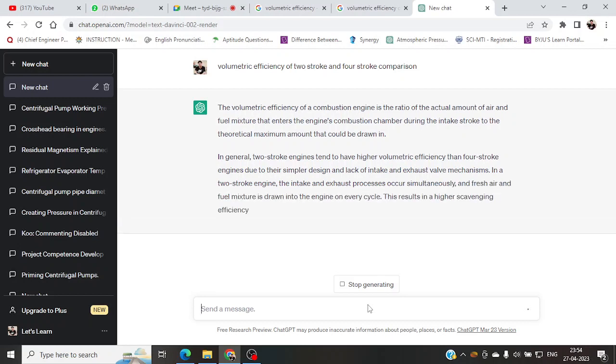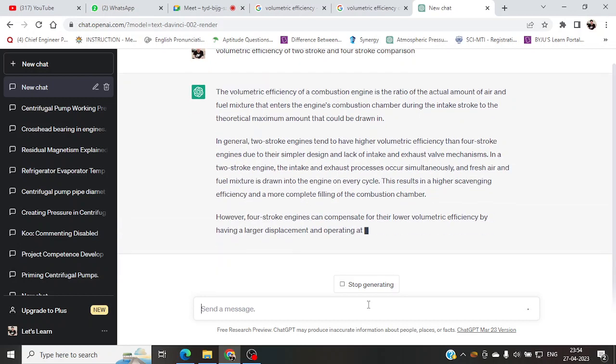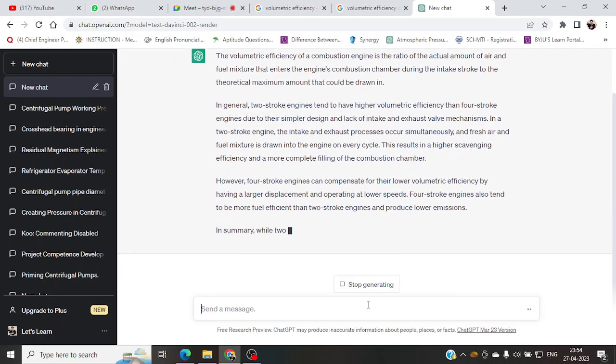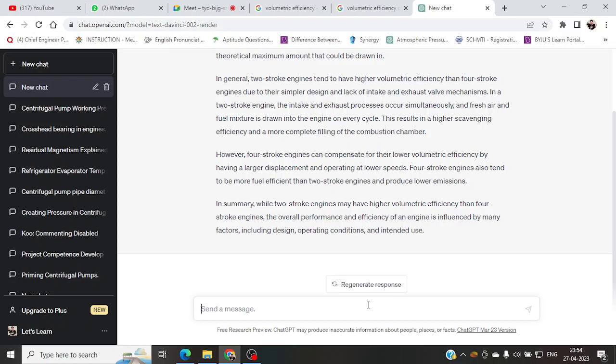Two-stroke tends to have higher volumetric efficiency than four-stroke engine due to simpler design and lack of intake and exhaust valve mechanism. In a two-stroke engine, the intake and exhaust process occurs simultaneously, and fresh air and fuel mixture is drawn into the engine on every cycle.